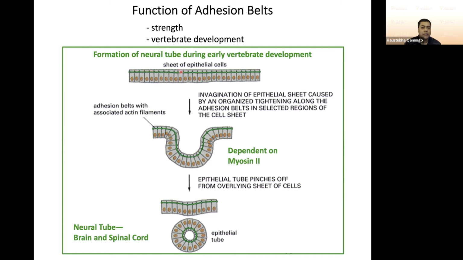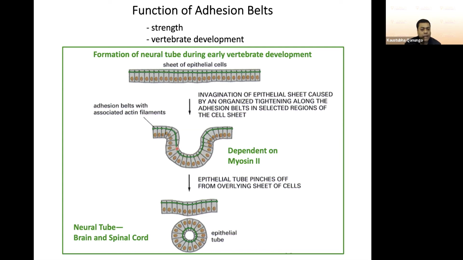So right here, this green line is the adherence junction or the adhesion belt. What happens is that, in a particular way, these myosins squeeze these actins. And if you carefully look at that, all these cells right here are tapered towards the top.